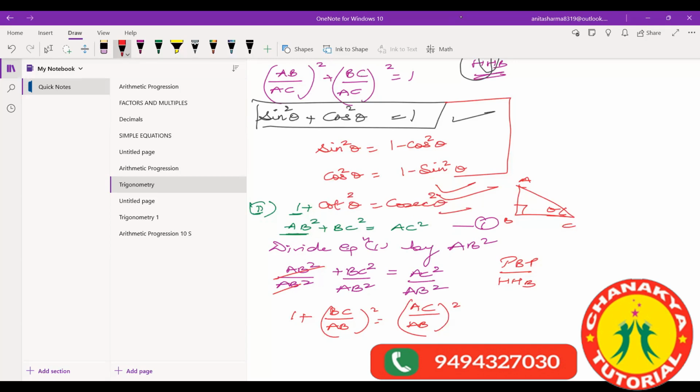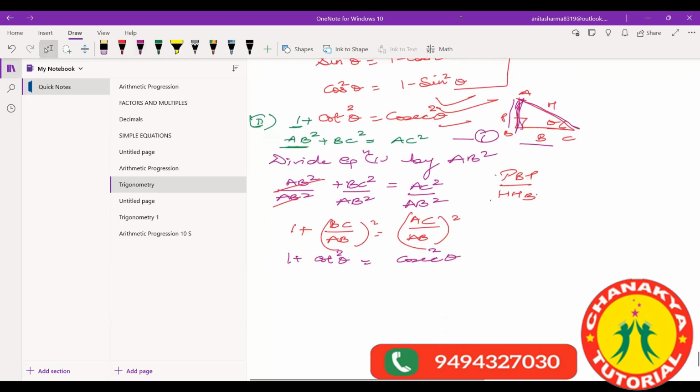So BC is your base, this is your perpendicular, this is your hypotenuse. So base upon perpendicular will be cot theta, so you will write cot square theta. Then AC is your hypotenuse and AB is your perpendicular, so H upon P will be cosecant square. So this is the identity.